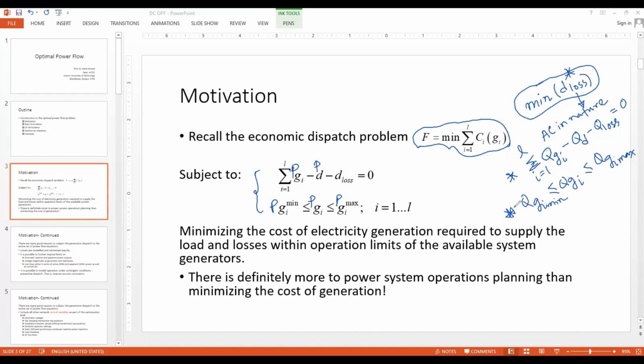That means beside knowing only about this few information, we may also want to know the information about many other variables present in the power system network. So thus, as a power system operator, we may look at the operation of the power system from a different perspective. So let's see what are the other things that may come into picture.